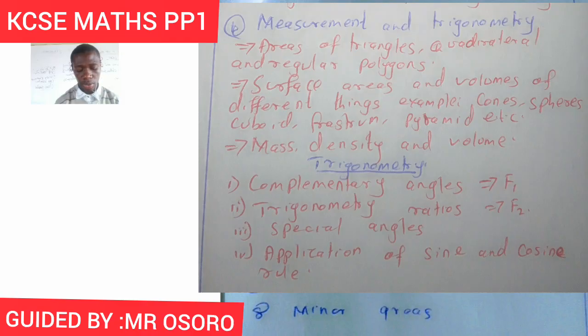Under measurement, you also have mass, density, and volume. This is a Form 1 topic. Ensure you get the volume right and the unit conversions right, so that you are able to apply them when they are tested in the exam.